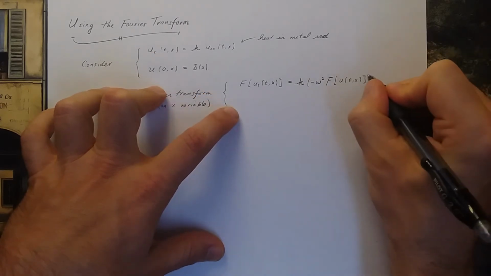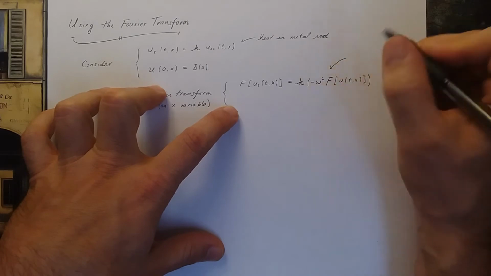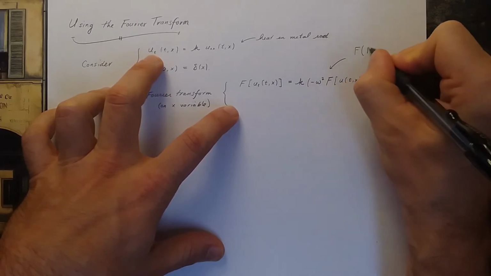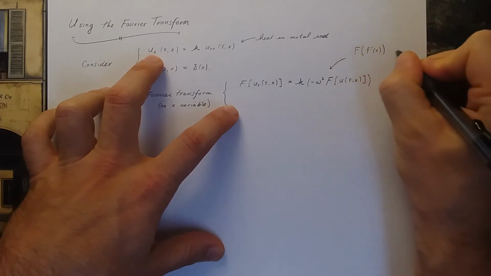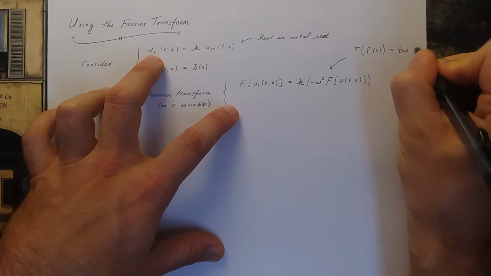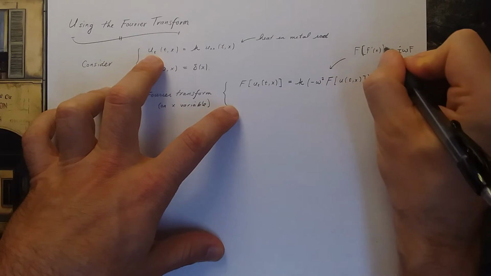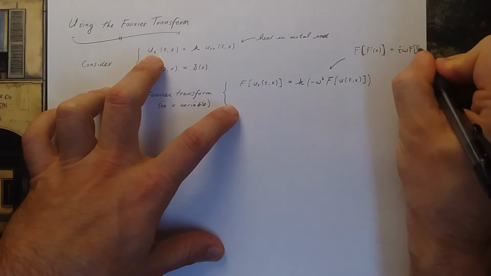So what I'm saying here is that I'm using the property that the Fourier transform of a derivative, like f prime of x, is i omega times the Fourier transform of f of x.